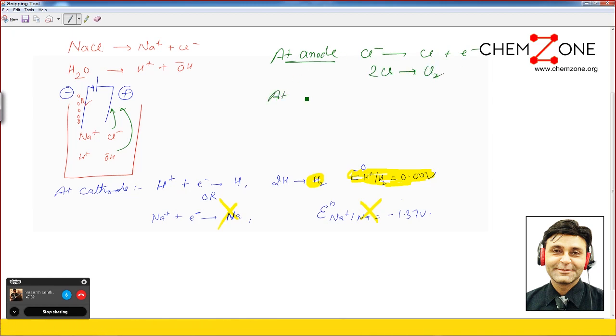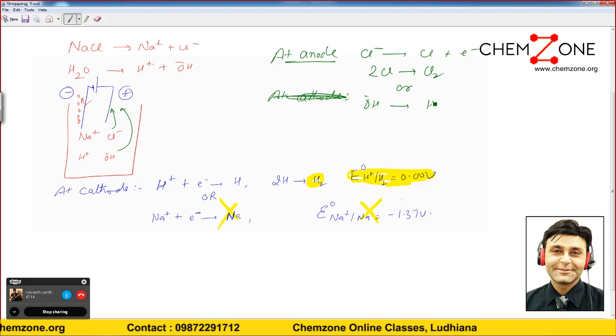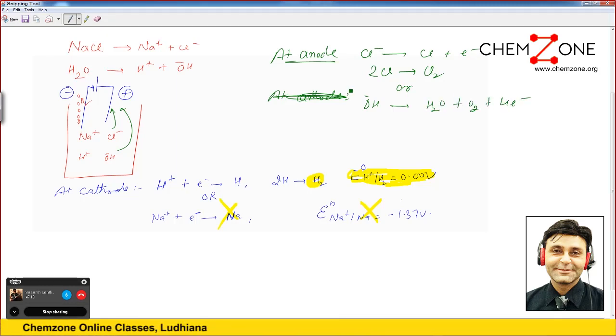Right? And at anode, either this or the OH ion may be discharged. So upon balancing, it comes out to be like this.